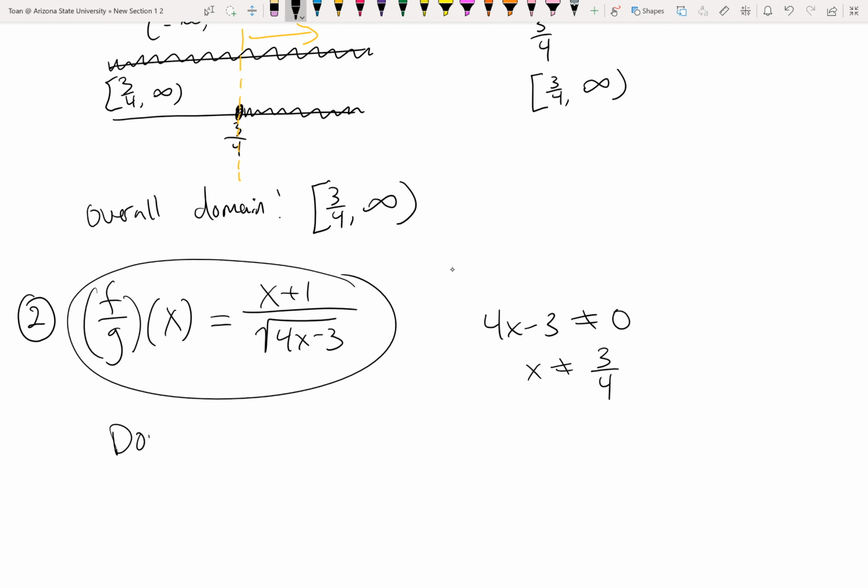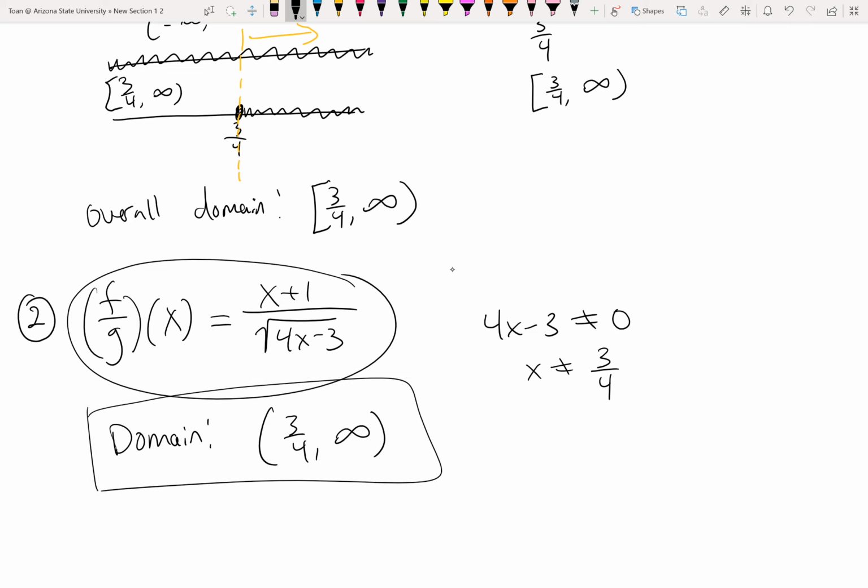So the domain here will be the same, except an open parenthesis, because we want to exclude 3/4. That's really the only difference between adding, subtracting, multiplying compared to dividing. You just have to ensure that you exclude the value that would make the denominator equal to 0.